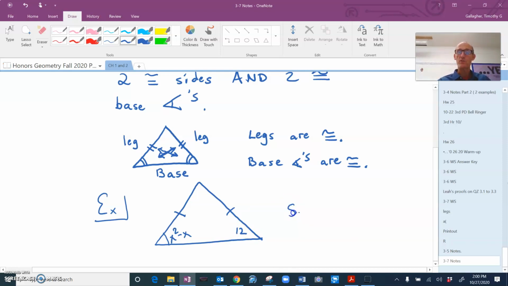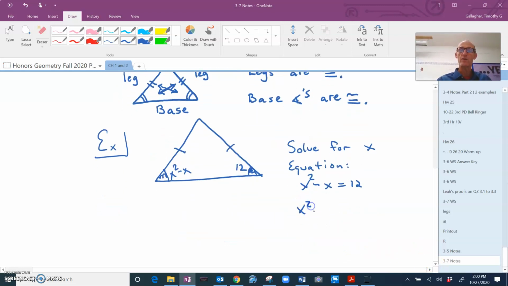So I want to solve for x. Because this is an isosceles triangle and the legs are congruent, the base angles are congruent. So x squared minus x equals 12.